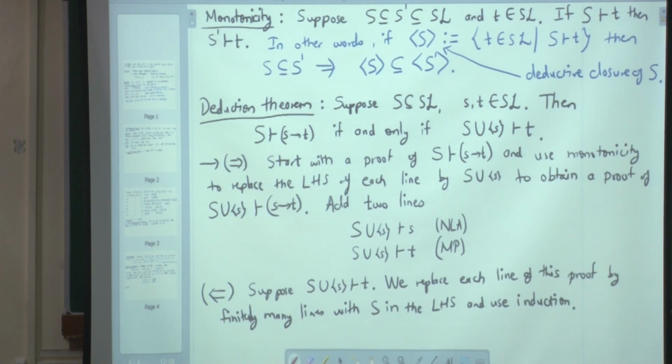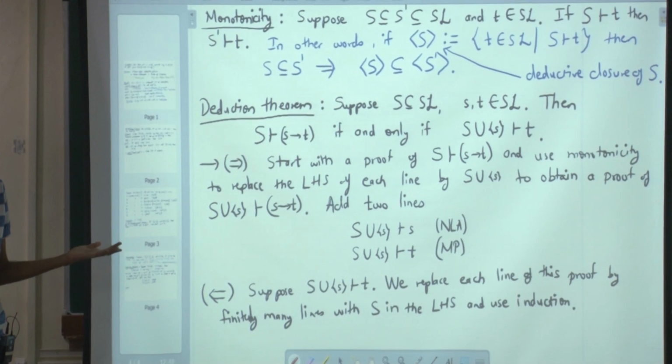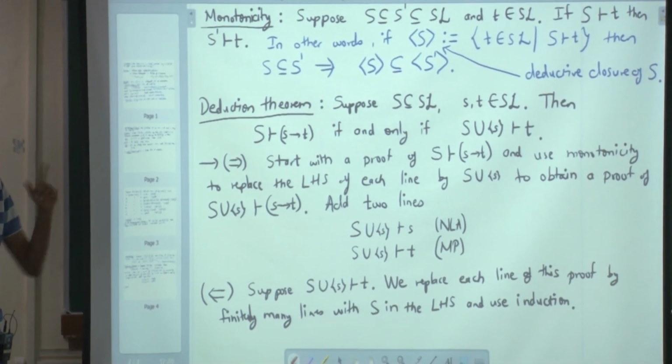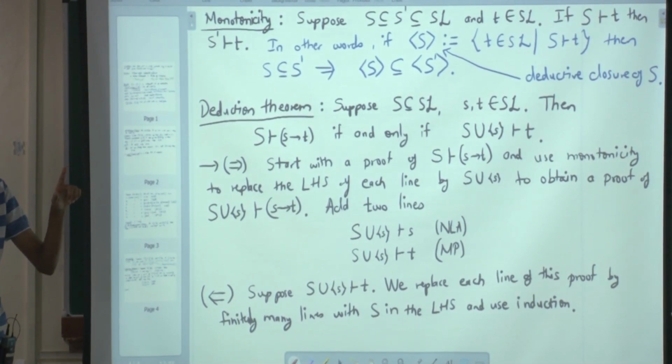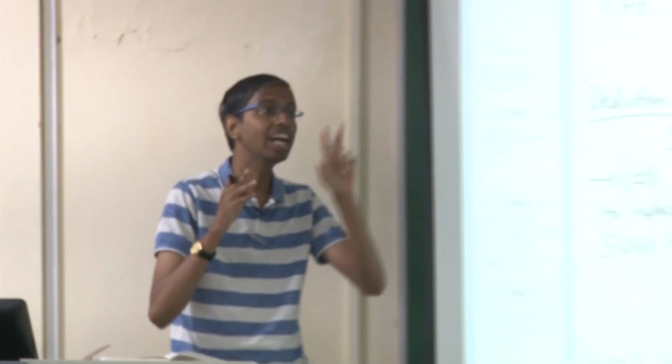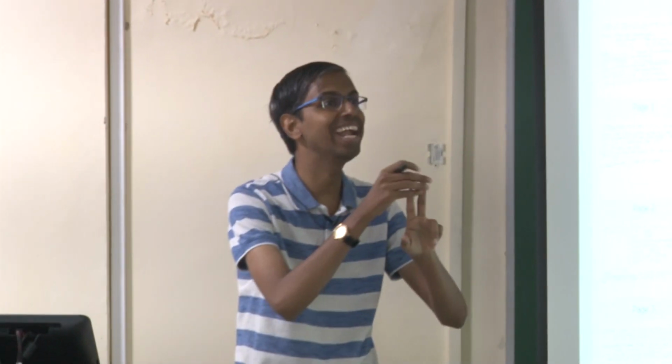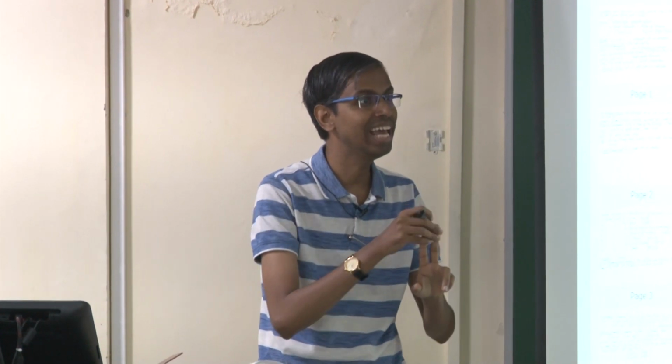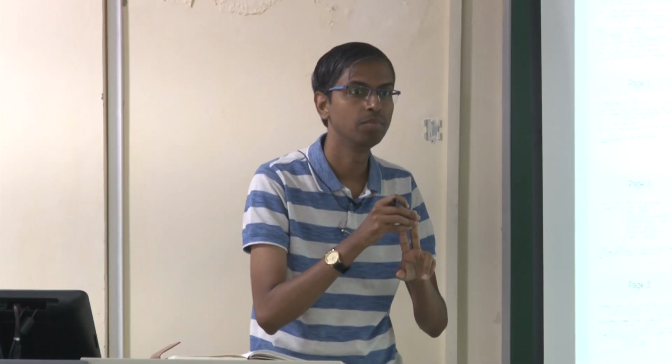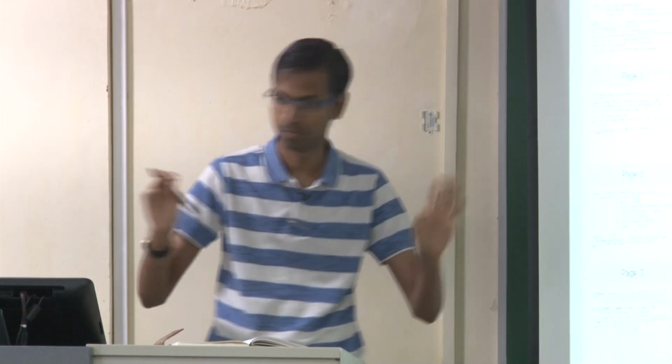Okay, how many cases would there be? What are the two base cases of this? There are two base cases, LA and NLA, and then the inductive case is MP. Okay, so let us do that.